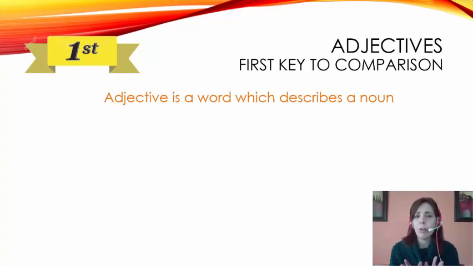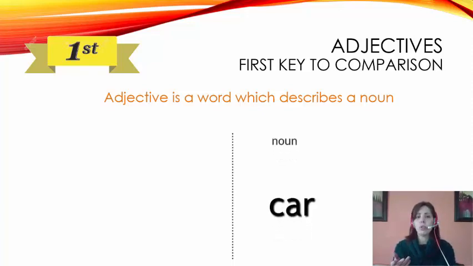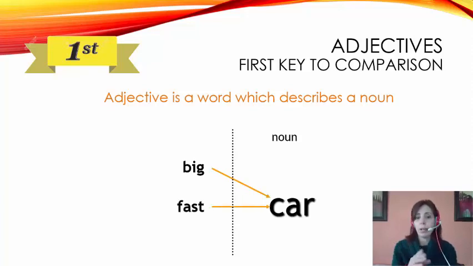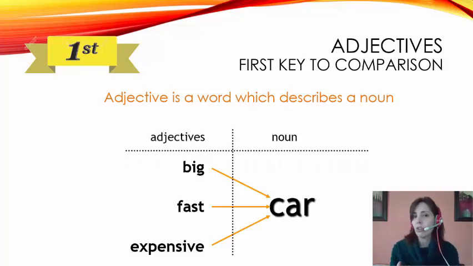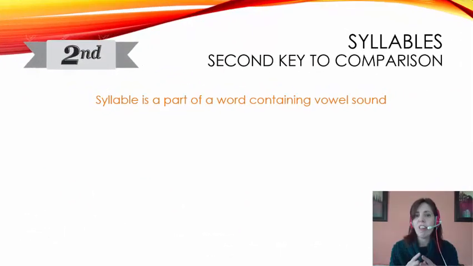The first thing you have to remember is that when you are going to make comparisons, you are going to speak about adjectives. Adjectives are those words that accompany a noun. For example, big car, fast car, expensive car. The second thing we have to take into account is the length of the adjective.